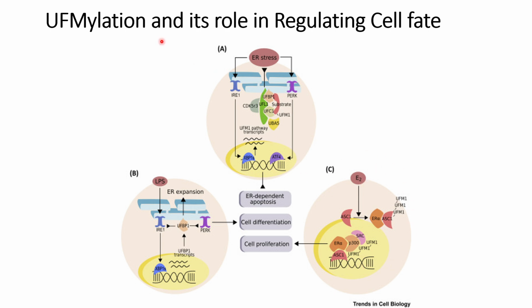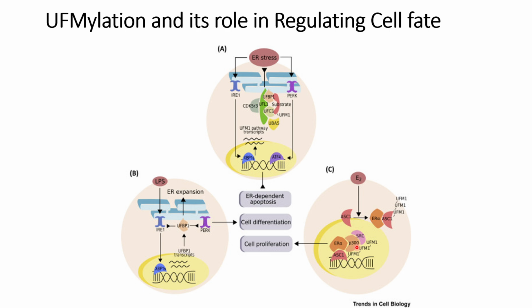And now panel C is about breast cancer, how this UFMylation works in breast cancer. In breast cancer, E2, we can say the hormone, when it enters the cells, interacts with ASC1, and this will help in the formation of the ER alpha ASC1 complex, and this complex formation will help in the poly UFM1 formation, and this poly UFM1 formation will then change the transcription pathways, or will lead to epigenetic changes in such a way that ER alpha ASC1 will interact with the P300 and SRC complex.